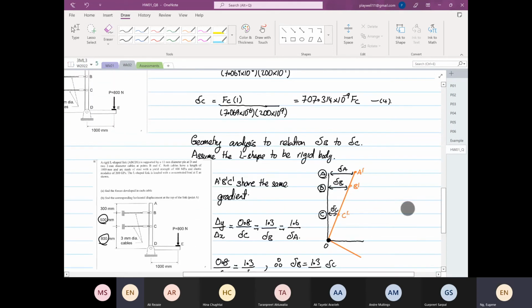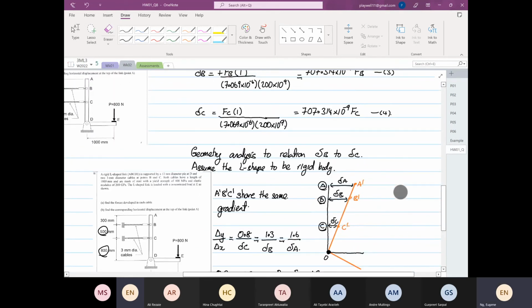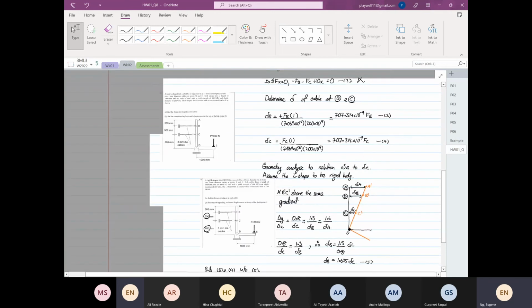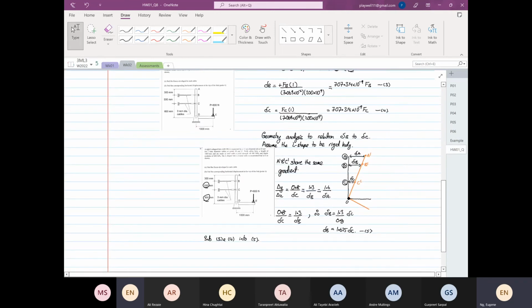Okay. So you have, I'm going to zoom out a bit because I can't see. So deflection of B is 707.314 times 10 to the power minus 9 FB.